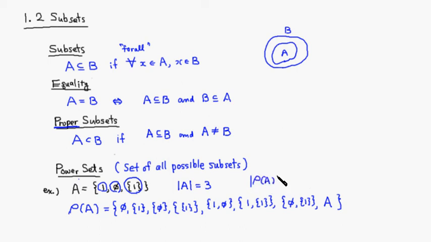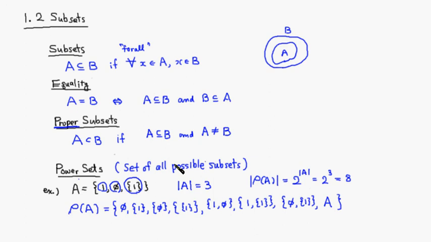The cardinality of the power set is always 2 to the cardinality of A, which is 2 to the third power, which is 8, right? Let's count it: 1, 2, 3, 4, 5, 6, 7, 8. So this is the power set, which has all 8 elements.